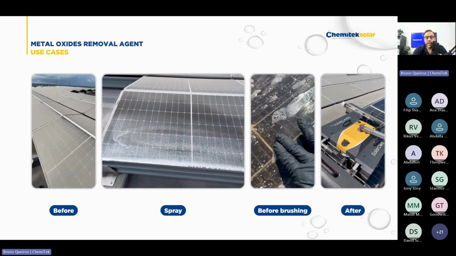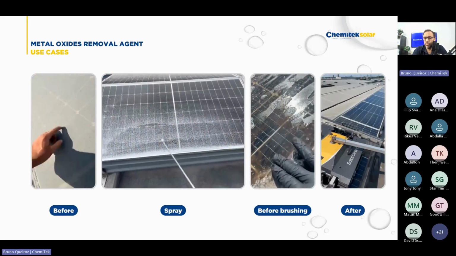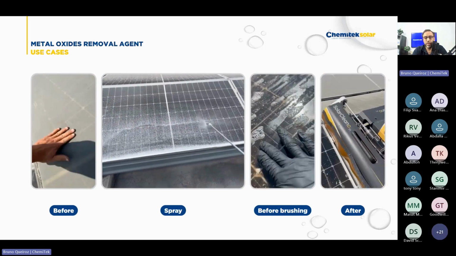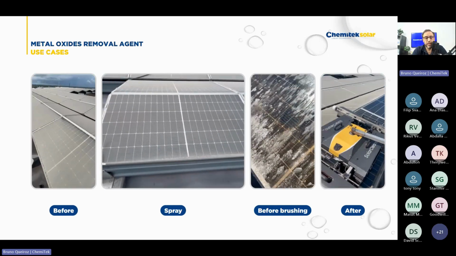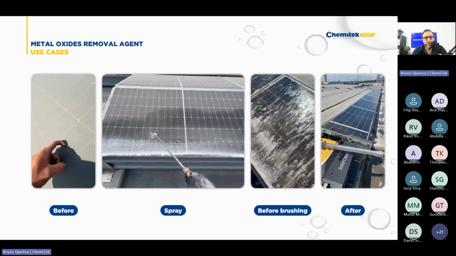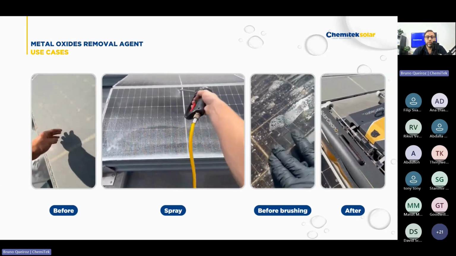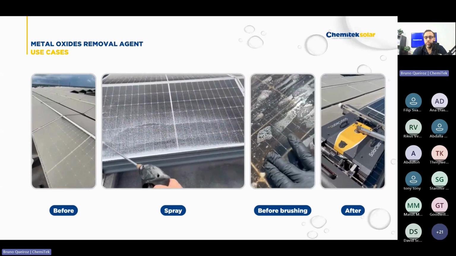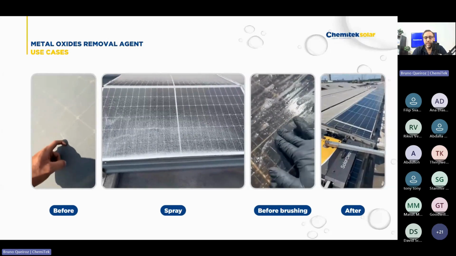So you can still pre-spray it, or also go through the robot itself. It will not damage the robot in any way or shape. It's safe for the cleaning equipment also.